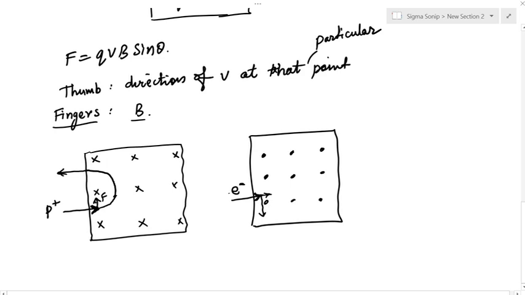Because we are considering an electron, we just reverse the direction of force, and the force on the electron will be in this direction. That's how it will always be. Even though the velocity changes, it will go in a circular path and come back here. So both of them will follow a circular path and move in this direction.